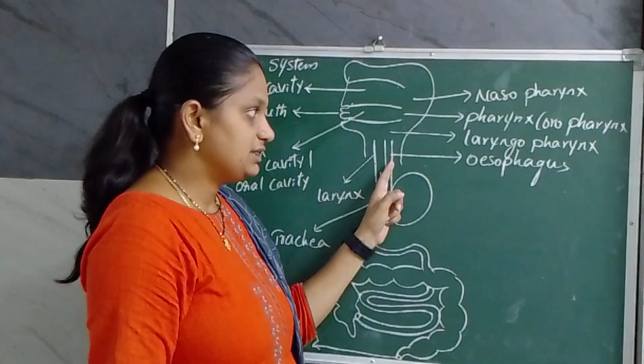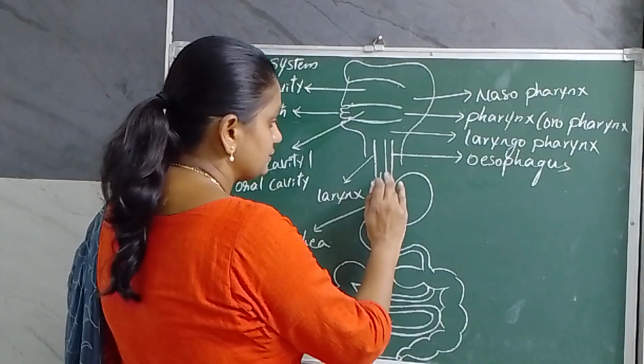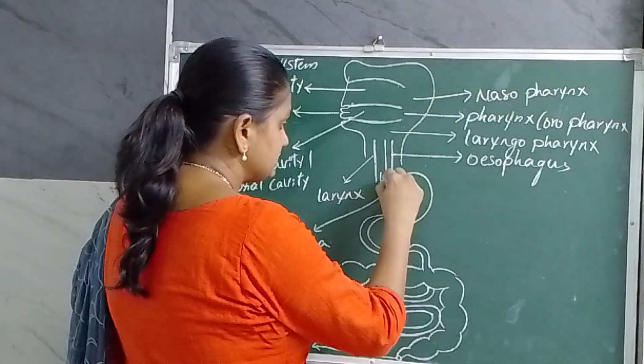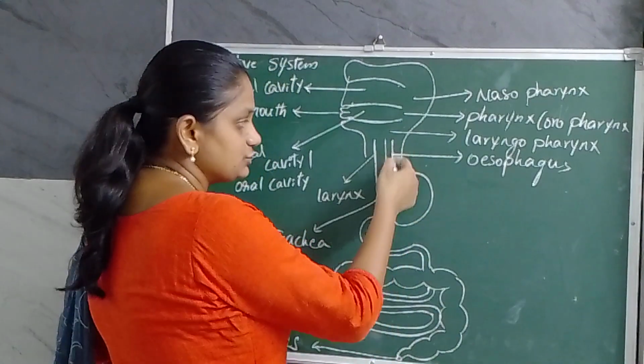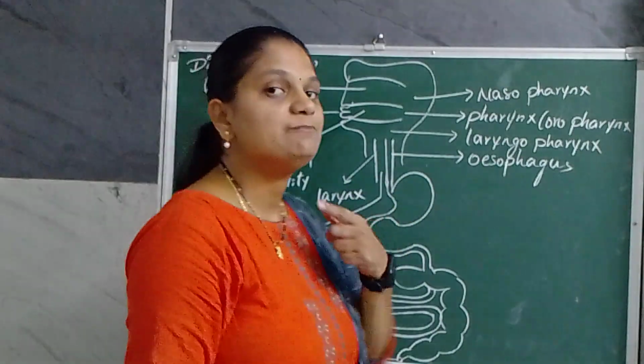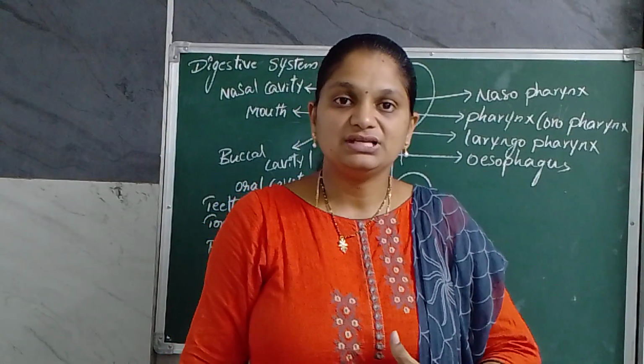Next structure is nothing but esophagus, and this esophagus opens into a J-shaped structure. Okay, this esophagus is a long tubular structure. It passes through our neck, thorax, and it passes through this diaphragm.